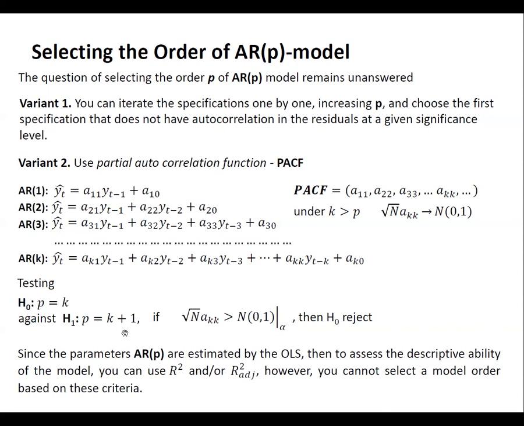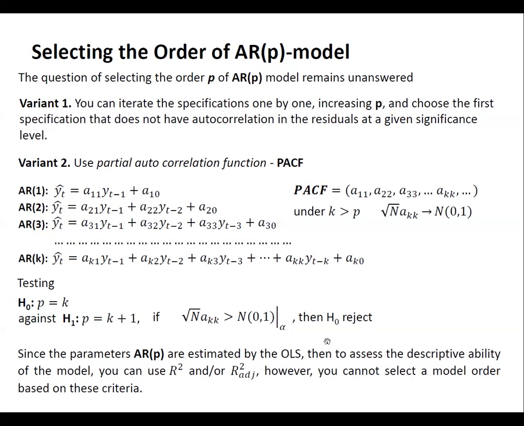And if this statistic, root n multiplied by the coefficient akk, is greater than 1, then H0 is rejected. If it turns out to be less than the critical value of the normal distribution with parameters 0 and 1, then the H0 hypothesis is accepted.